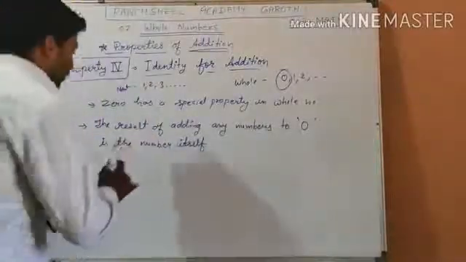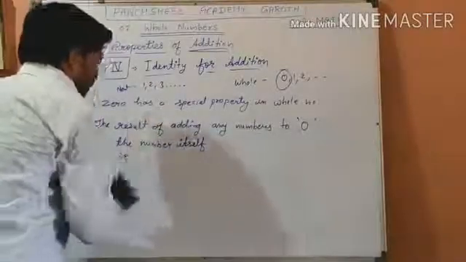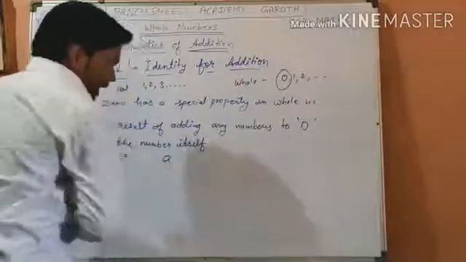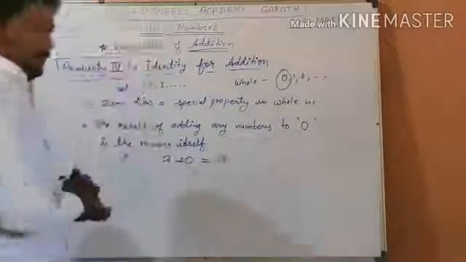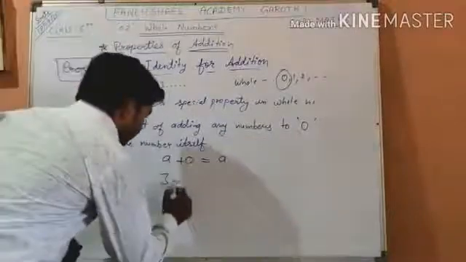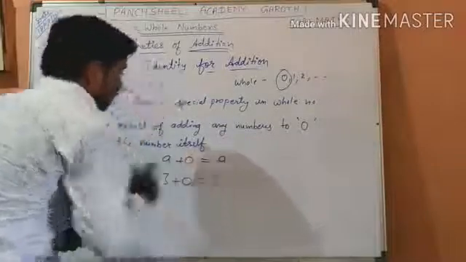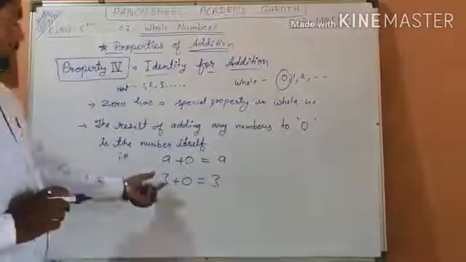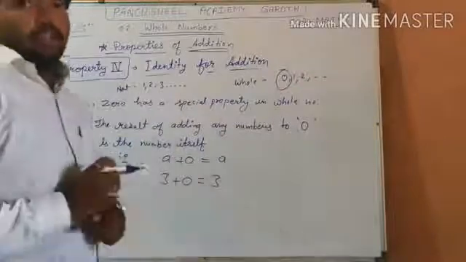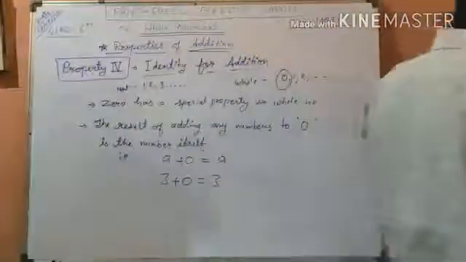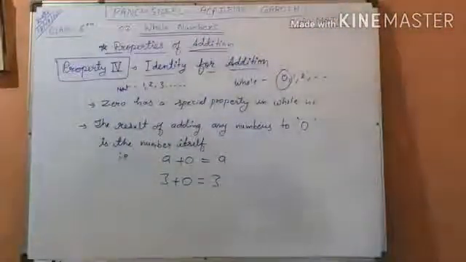Which means if we add any whole number A to 0, then the result is A. If we add 3 to 0, then we get 3. So 0 is the identity element for addition, the identity element for whole numbers.